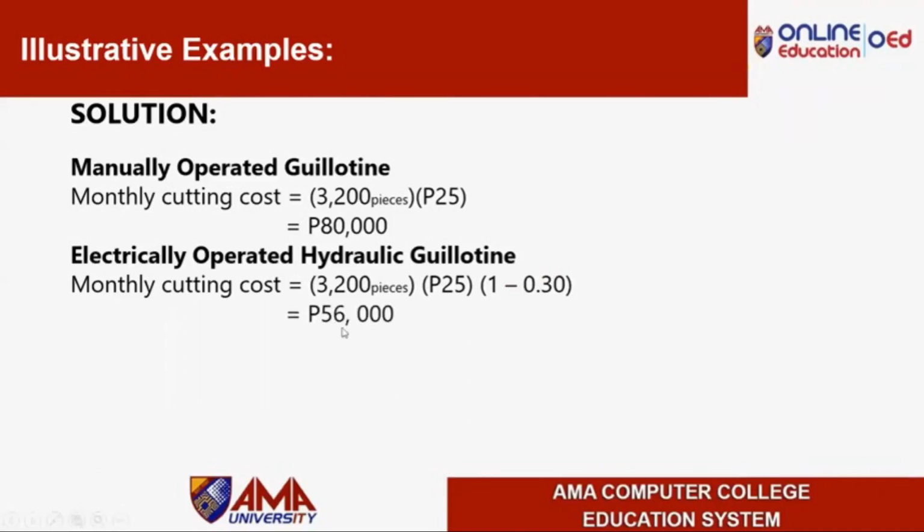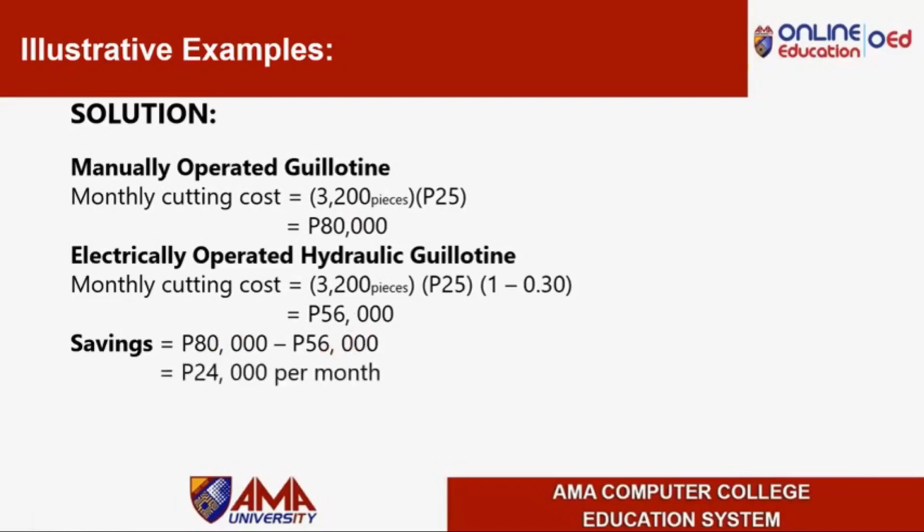So the monthly cutting cost now is 56,000. Here you will notice the difference, okay? The savings when you use the electrically operated hydraulic guillotine: savings equals 80,000 from the manual minus 56,000 from the electrically operated hydraulic guillotine.